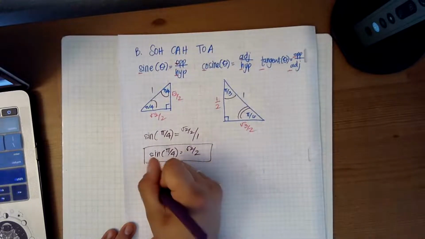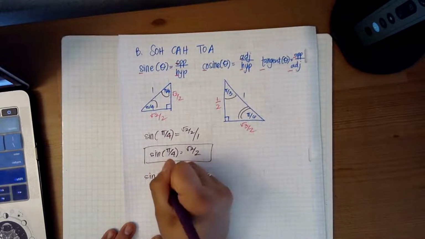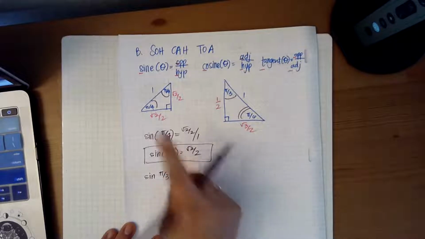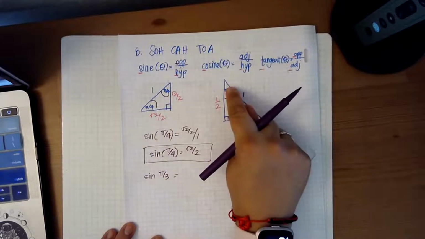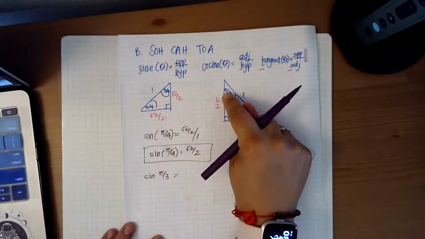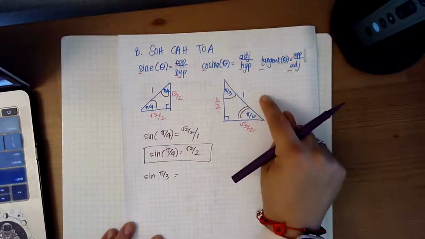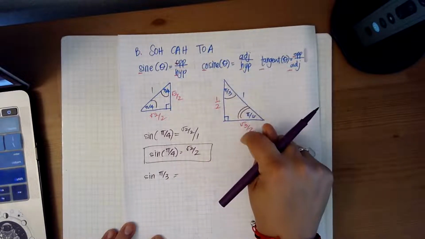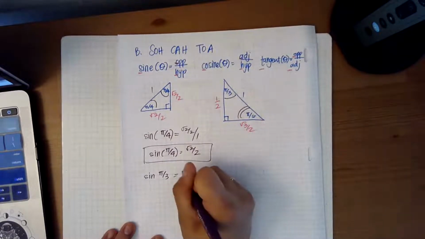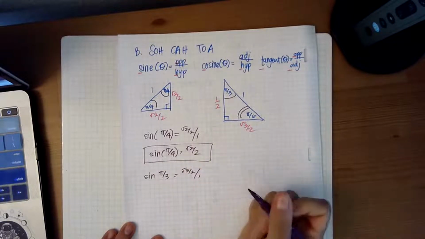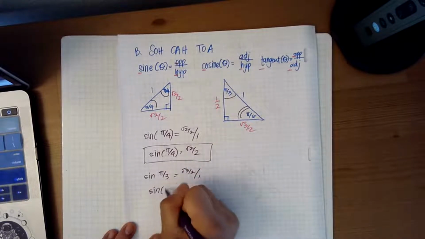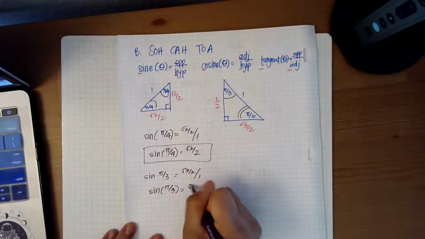Let's do one more. Sine of pi over 3. So pi over 3 is over here. This is now the perspective I'm taking. And I'm going to go opposite over hypotenuse, which gives me radical 3 over 2 divided by 1. So I know that sine of pi over 3 is equal to radical 3 over 2.